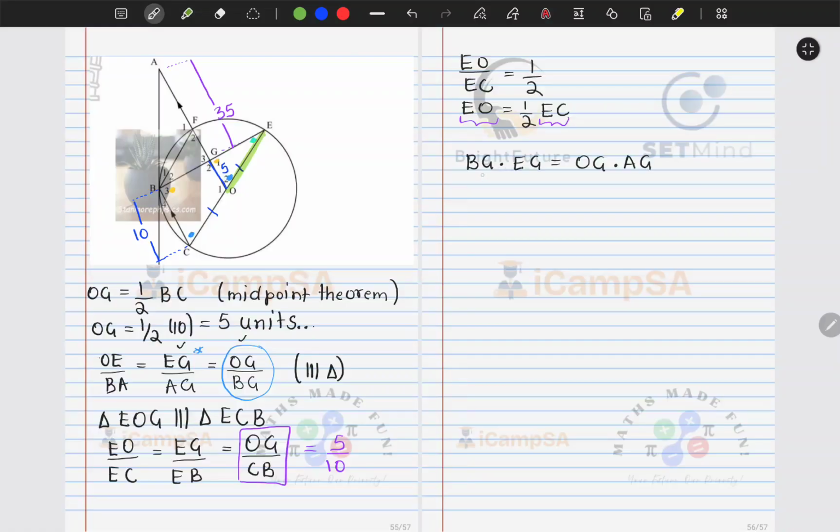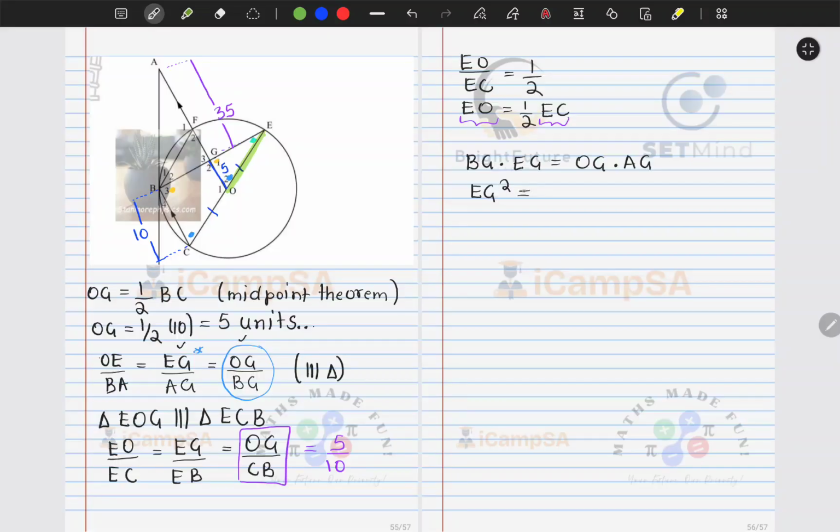And if you look carefully, your BG and EG are equal. So we can make it EG all squared.